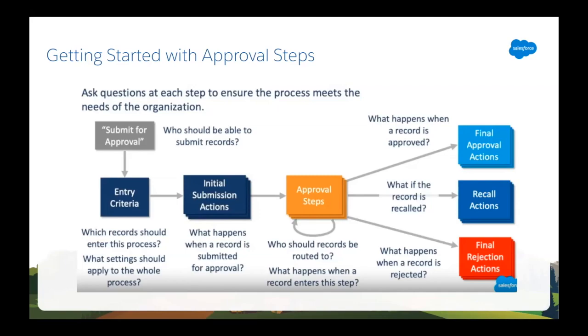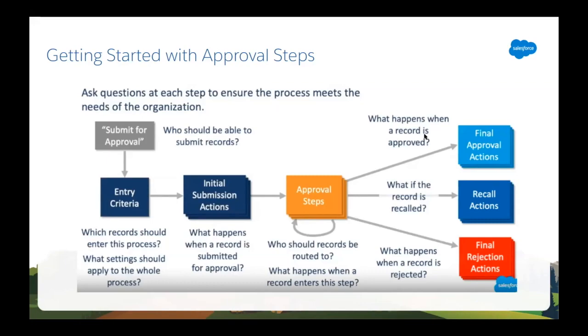Those are what happens when the record is submitted for approval. And then we go through approval steps, which I'll talk about in the next slide. And then we go into three sections, which are the final approval, the recall actions, and the final rejections.